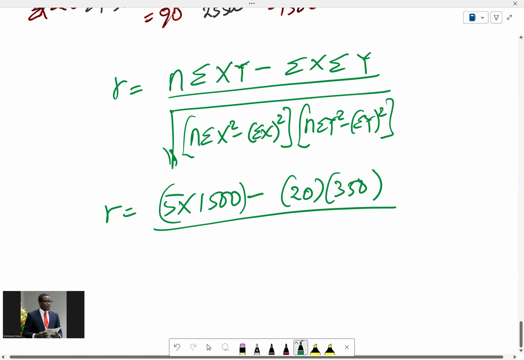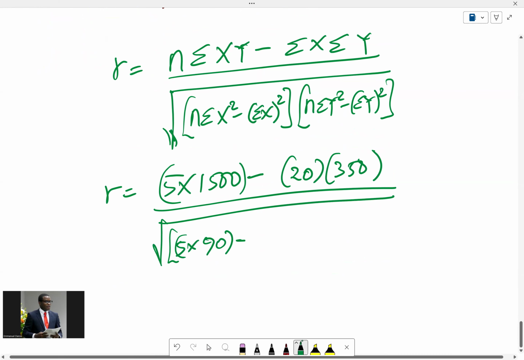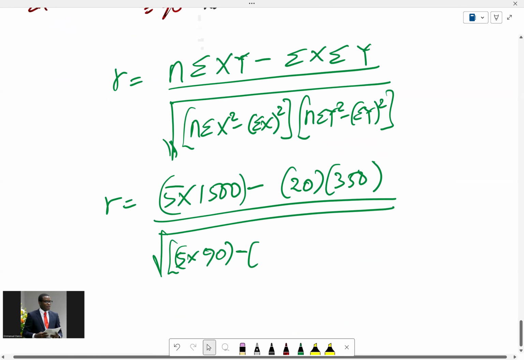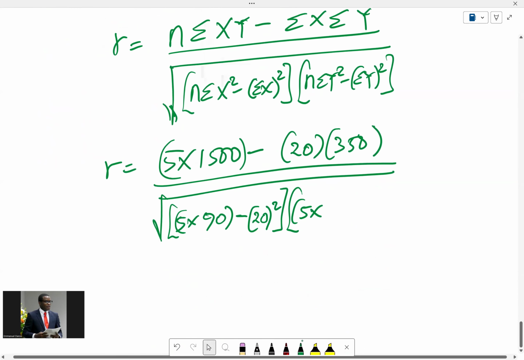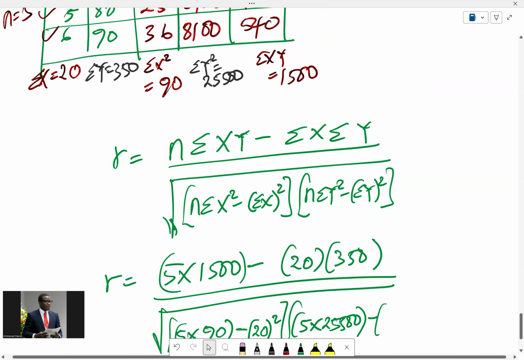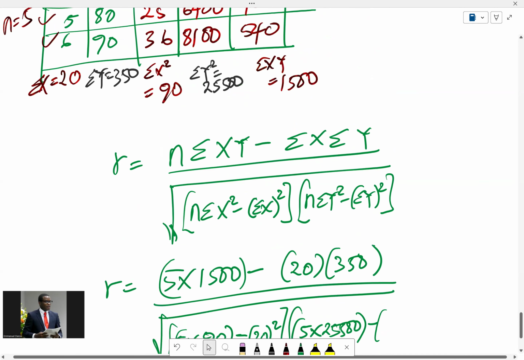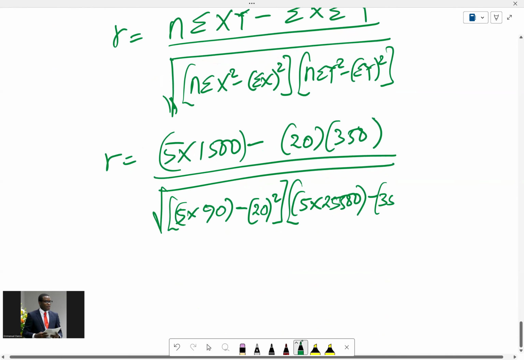All over the square root of 5 times summation of x squared, which is 90, minus summation of x, that's 20, all squared, times 5 again times summation of y squared, which is 25,500, minus summation of y, that's 350, all squared.